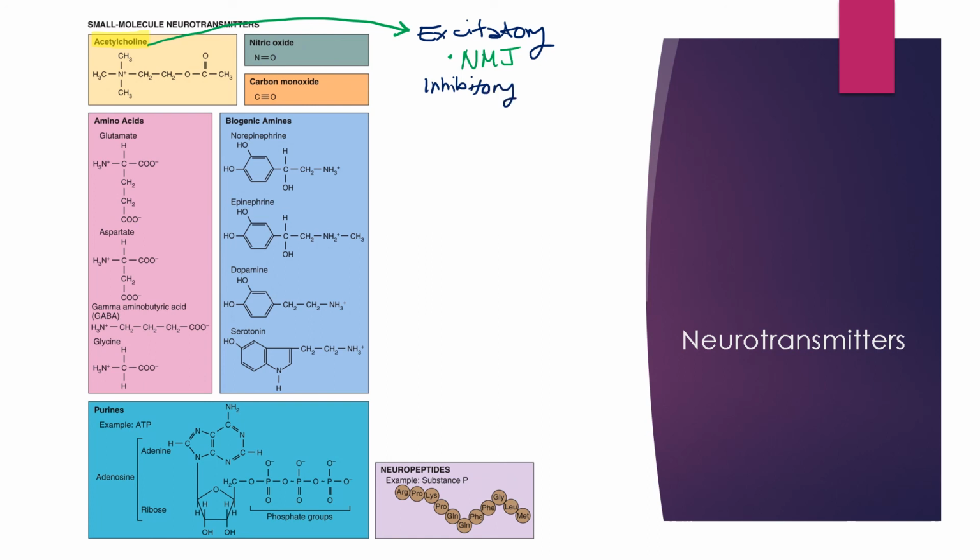An example of this would be in the heart, where it binds to metabotropic receptors. And then in the neuromuscular junction, remember that's ionotropic.